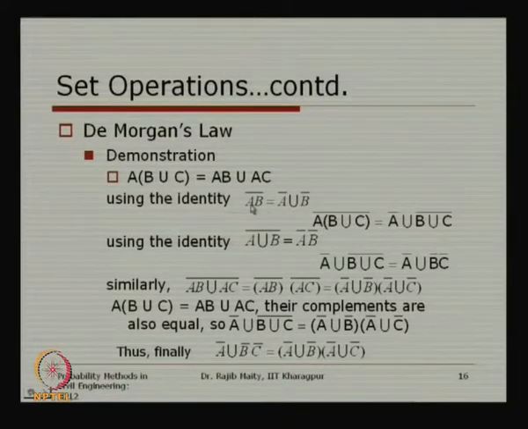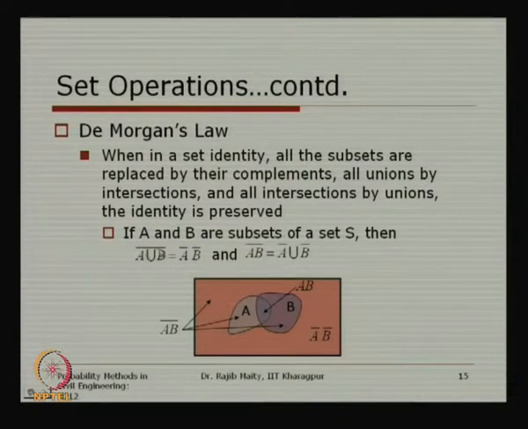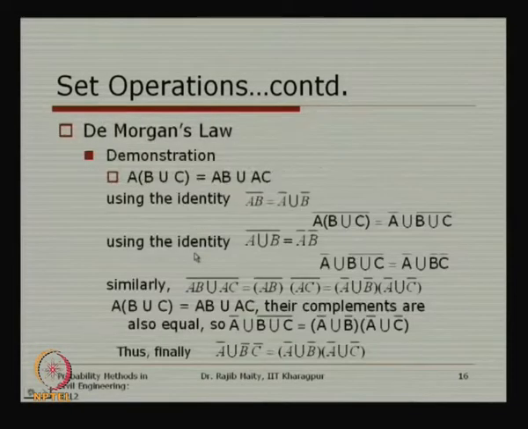So A corresponds to A here, and B union C corresponds to another set B here. Then using this relationship we can write A complement union B union C complement. Again, in the previous slide, another identity: A union B complement equals A complement intersection B complement. Using this identity, for this B union C on the right hand side, we can write A complement union B union C.